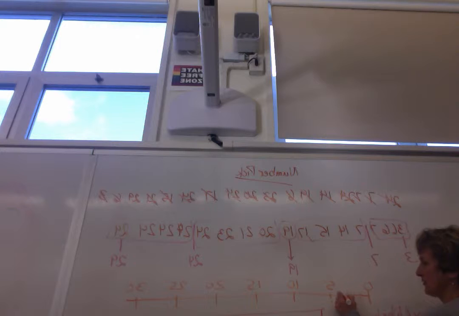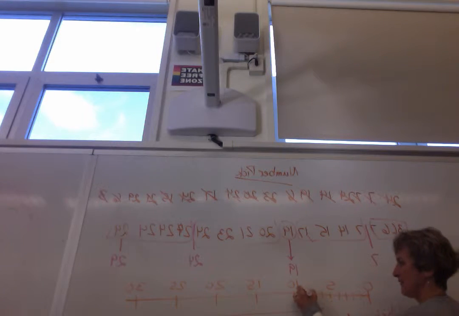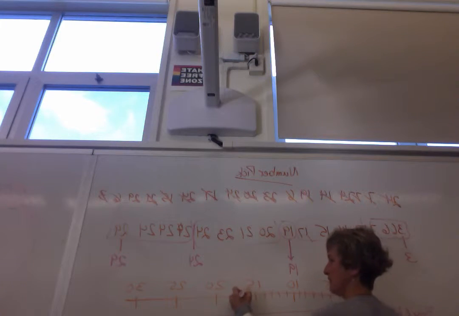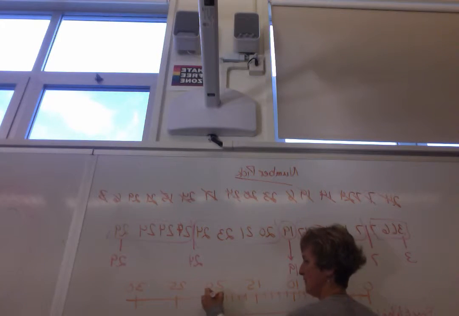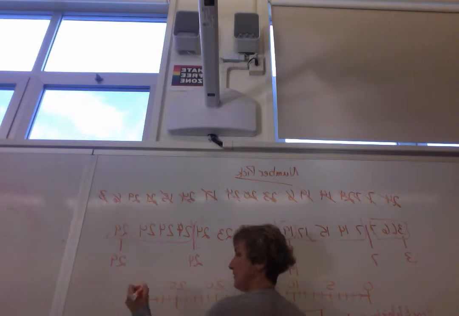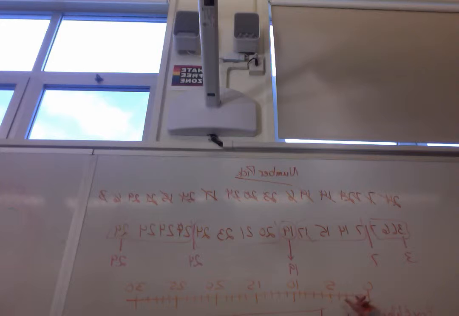1, 2, 3. I didn't do that right. There. Go ahead. Add 4 little marks between each number, please.